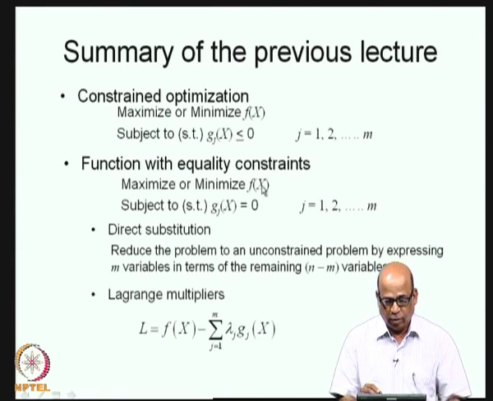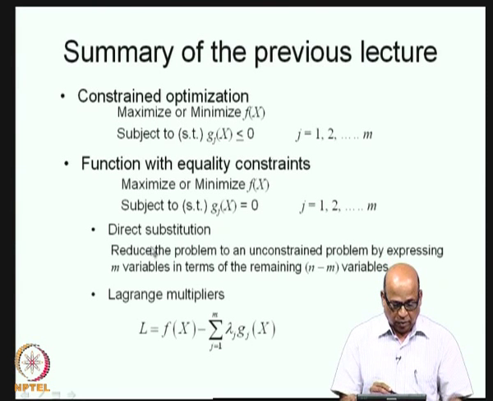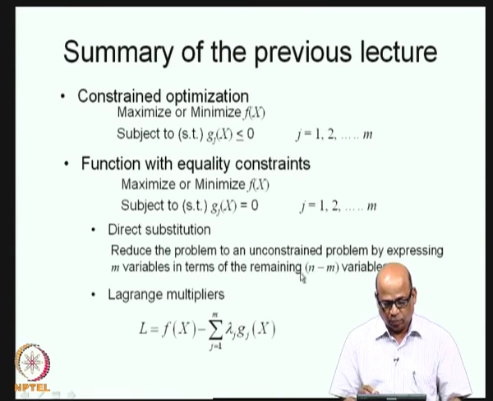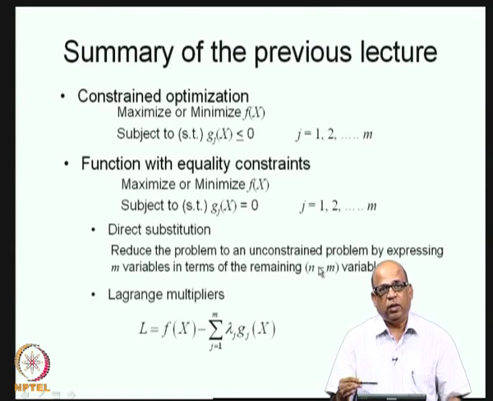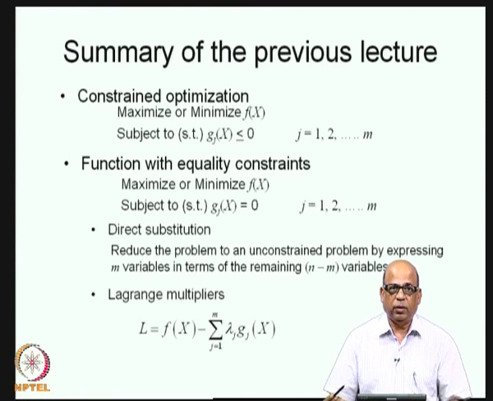So, there are n variables, m constraints, and in the direct substitution we expressed m variables in terms of the remaining n minus m variables, and therefore converted the original problem of n variables with m constraints to a new problem of n minus m variables without any constraints.